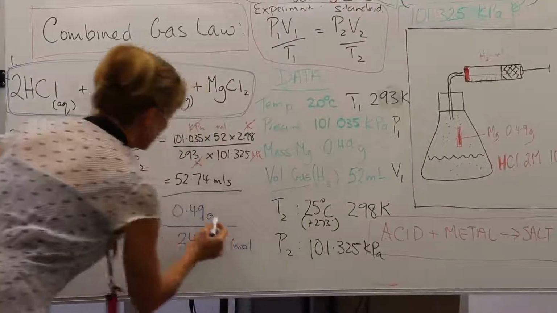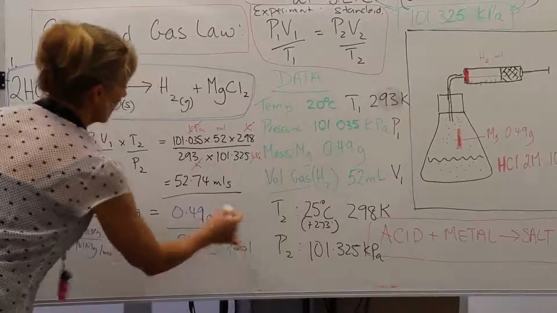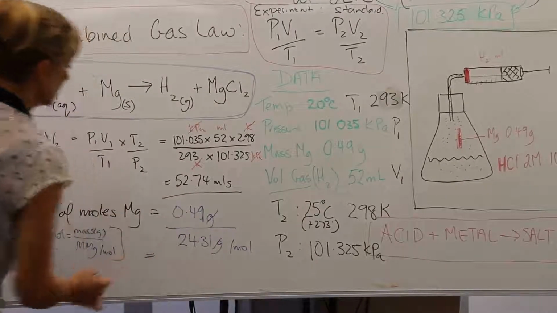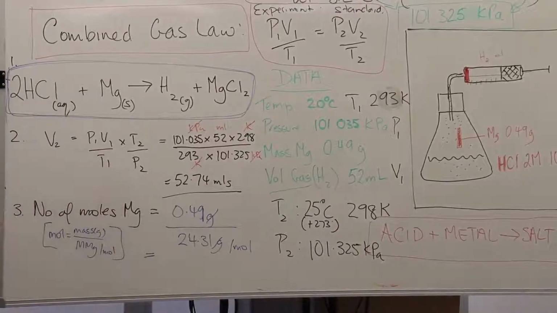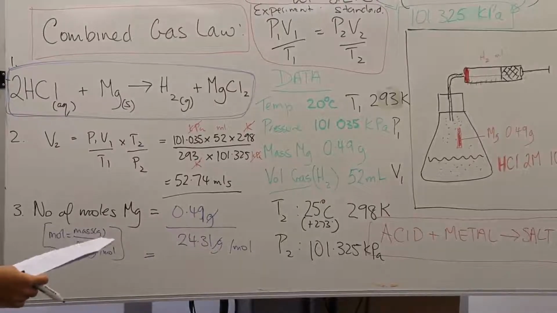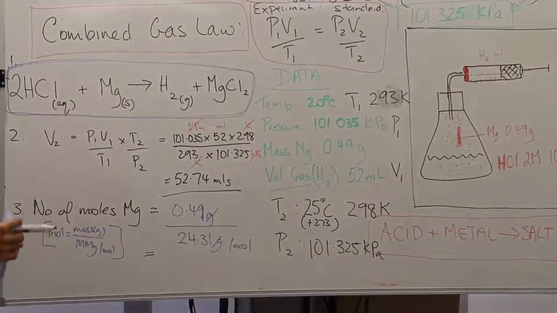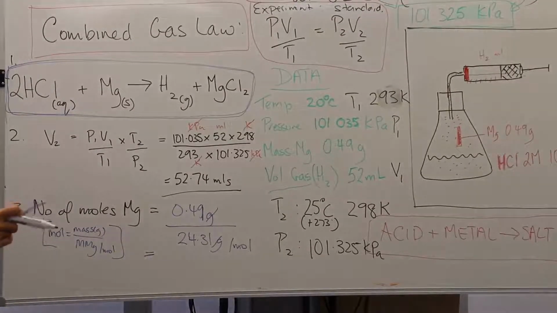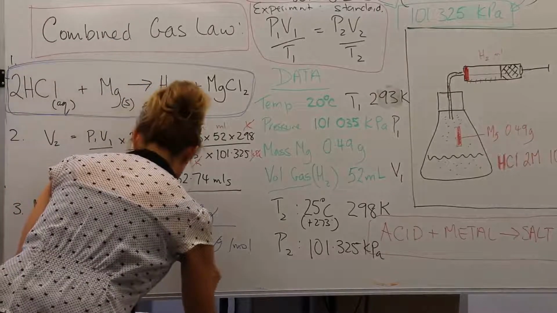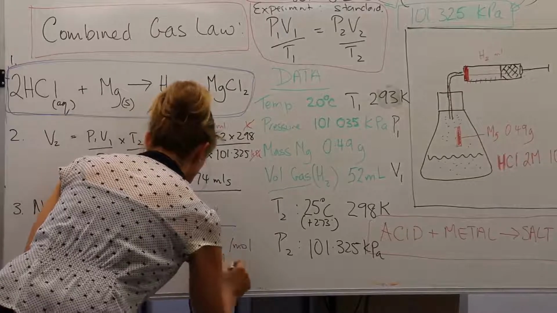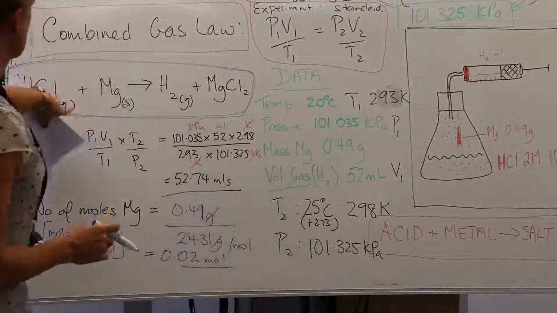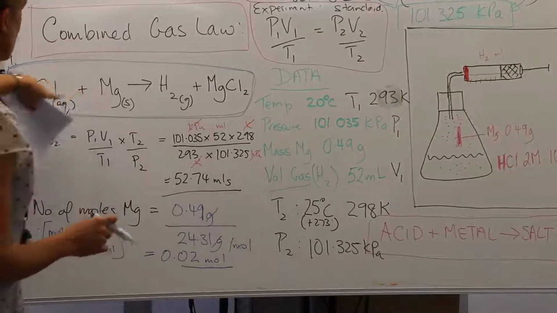And you can see the grams are going to cancel and you're going to get your answer in moles. So can you tell me what that is? 0.02. 0.02 moles. Right. So now we're going to calculate how many moles of this is and check the ratio.